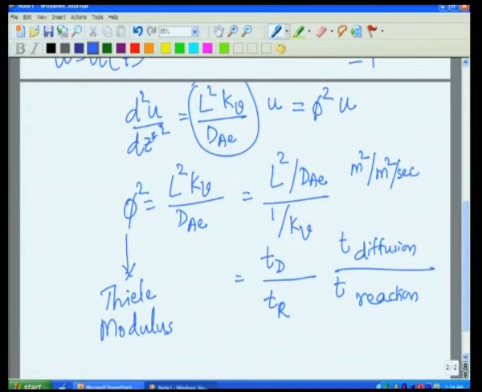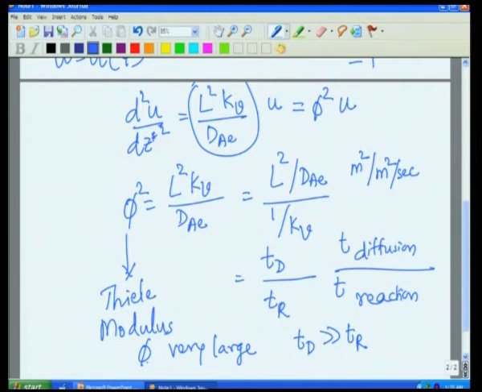Now we can qualitatively characterize reactions as follows. For example, if phi is very large, and we will see what is very large in the next session, what does it mean? It means the characteristic diffusion time is much larger than the reaction time.